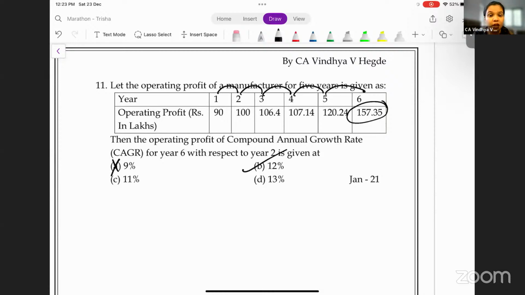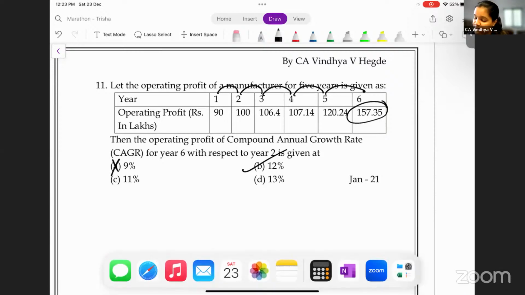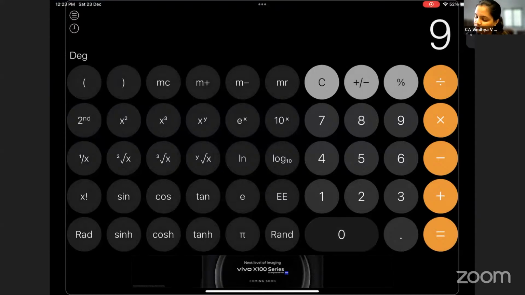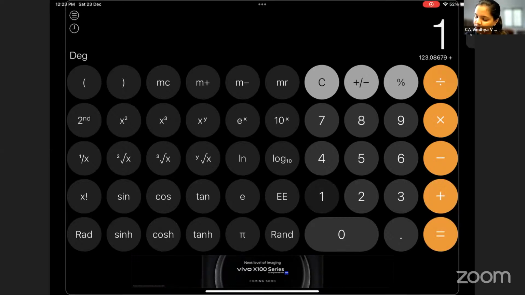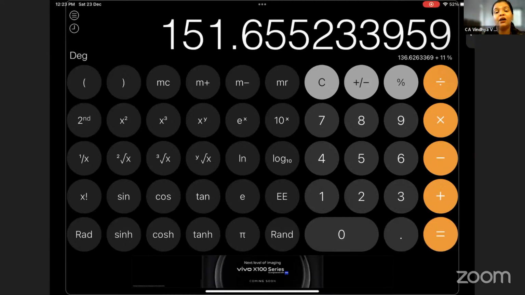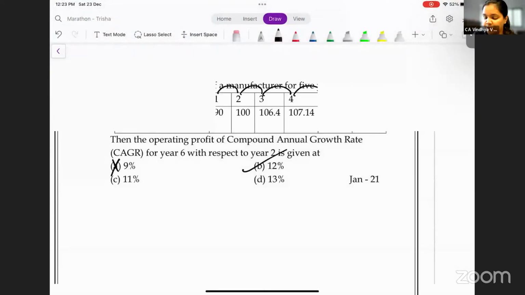No, you get very less. I think you get 151.65. Just check. Yes, which is very far from that. So it is definitely option B.